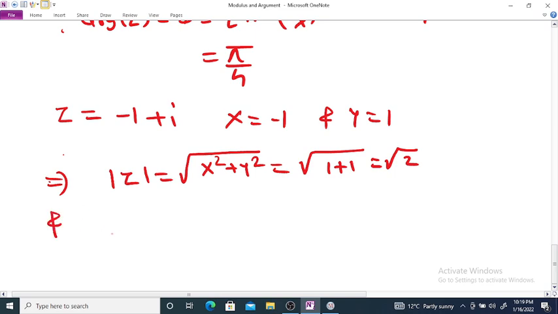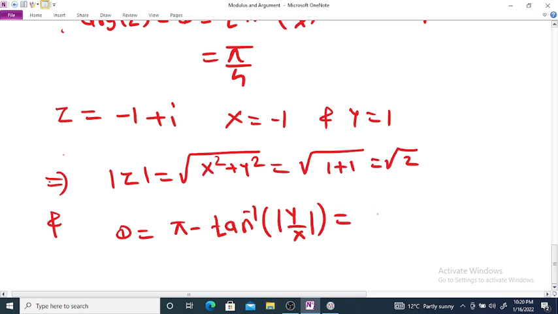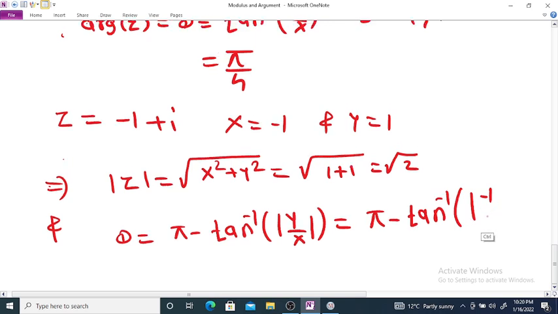And the argument of z, theta, is equal to pi minus tan inverse of mod of y by x. So this is equal to pi minus tan inverse of modulus of 1 by minus 1.